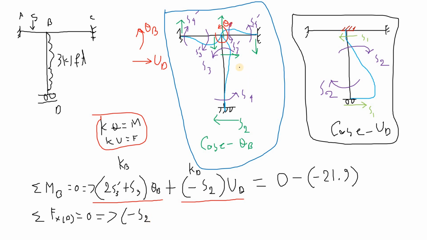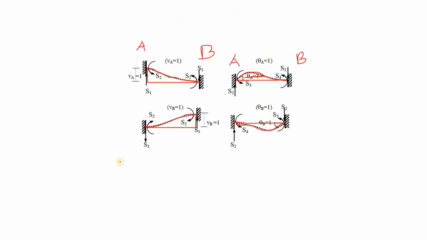Okay, let me check if I drew this wrong or did I draw it right. So we have this, okay. Let me just check quickly. Alright, so S2, this location is negative. This S2 is negative, but when it's written like that, it's positive.